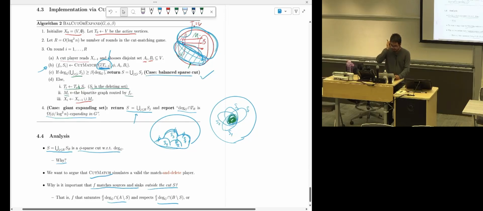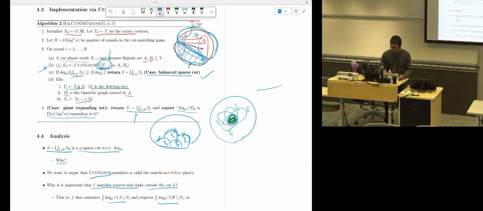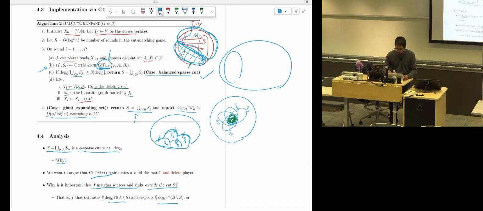So that's the thing. In fact, if we just use push-relabel, just what we learned today, suppose that it returned some cut S here.